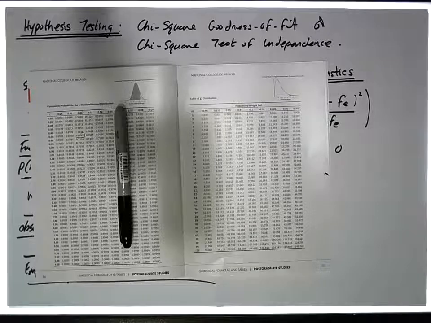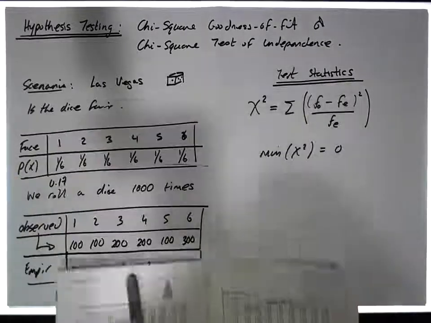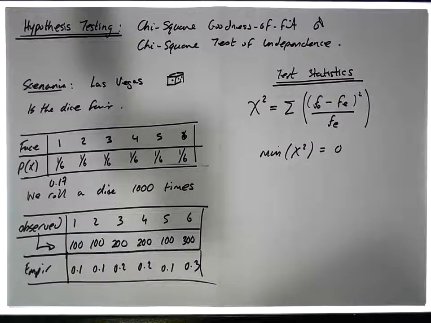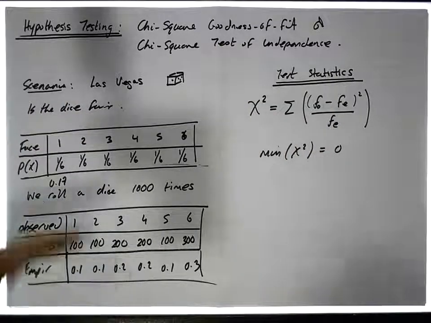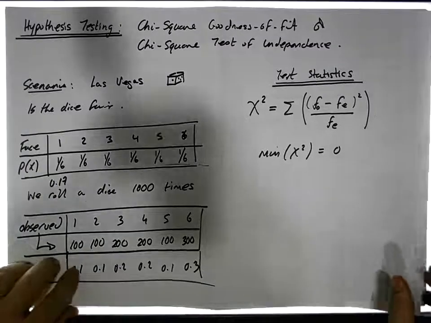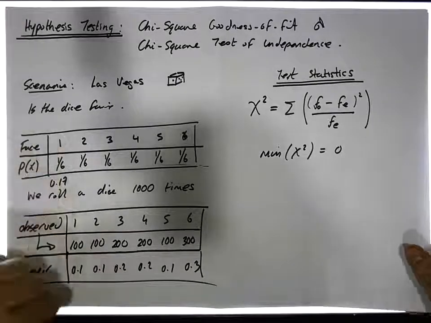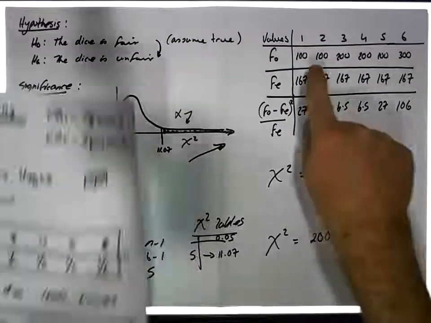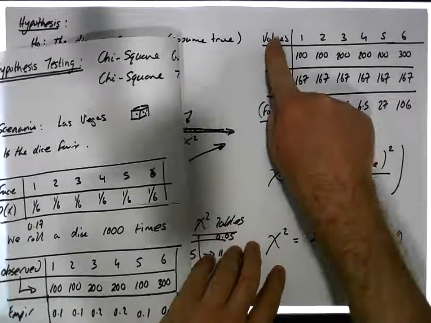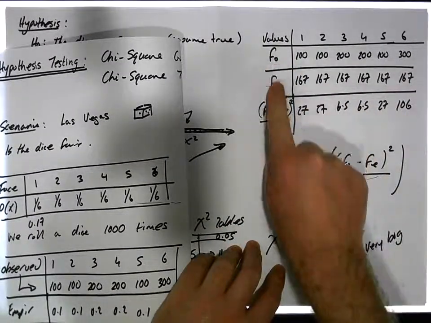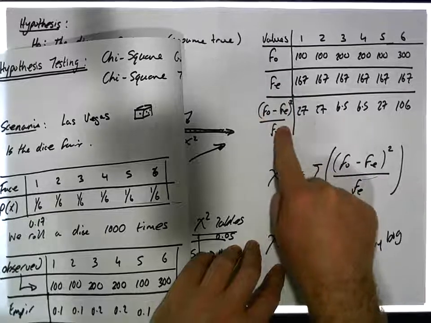Celine, the way you've answered the question, is that a good way to answer it in the exam? Yes, Celine. If I was to make one small comment, I've been trying to really tell a story and bring it on a journey. But what would be important in the exam is to get straight to this table. Your table has your values, your observed, your expected, and then your chi-squared individual values.